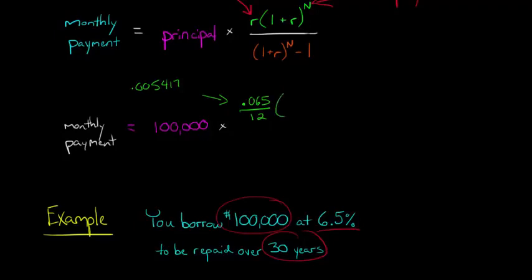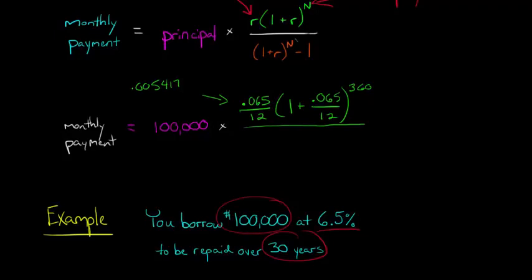Then we multiply by 1 plus R, which is 0.065 over 12, and we raise that to the nth power. Since it's a 30-year mortgage, we're going to have 30 times 12, 360 payments, so this is going to be to the 360th power.